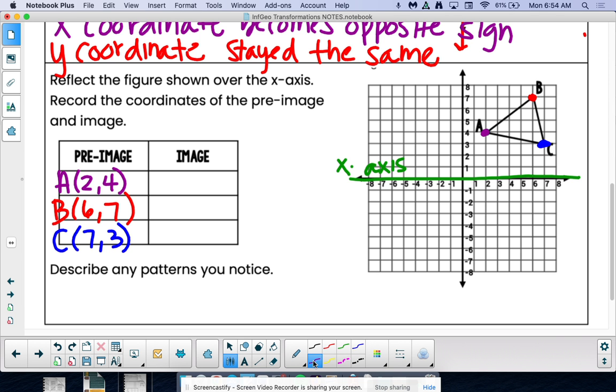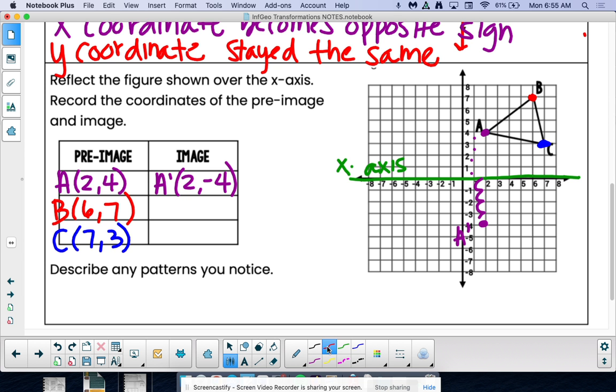This one's a little bit easier because it's just straight down, right? So how far away is A from our x-axis? I hope you're thinking it's 1, 2, 3, 4 away, right? So now I gotta go 4 in the opposite direction. 1, 2, 3, right here. There's our A prime. So our A prime will be at 2, negative 4.